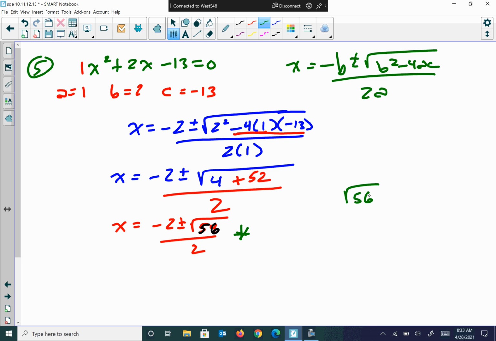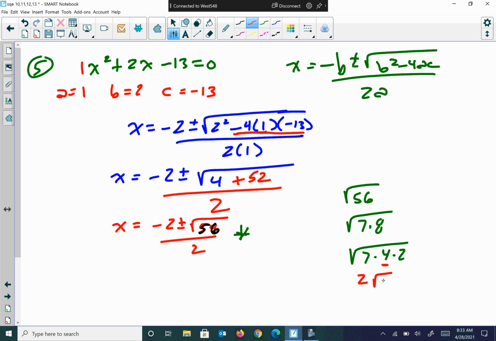All right, I want to break 56 down. 7 and 8, I like that. Can I break 8 down? 4 and 2. So it breaks down to 7 times 4 times 2. What's my perfect square in there? 4. What's the square root of 4? 2.